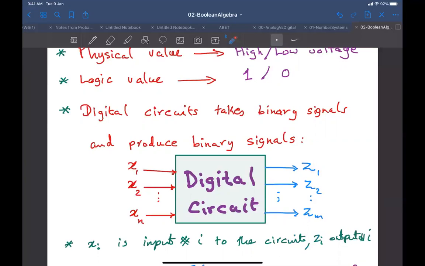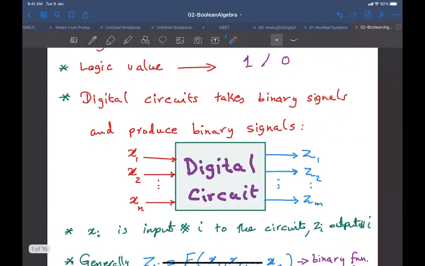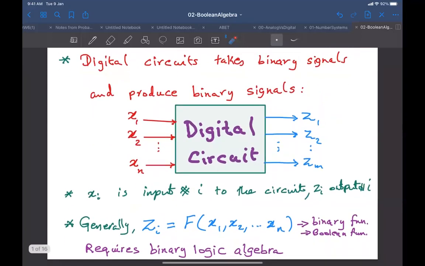So x sub i is input number i of the circuit, and z sub i is output number i of the circuit. Generally speaking, z sub i is a function of all the inputs. It might not necessarily be the case, but this is in general. So all the outputs are some function of inputs.